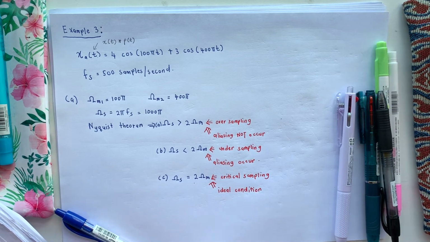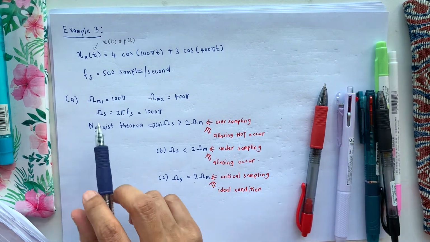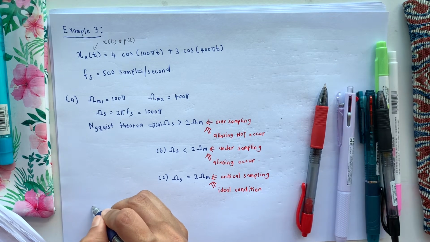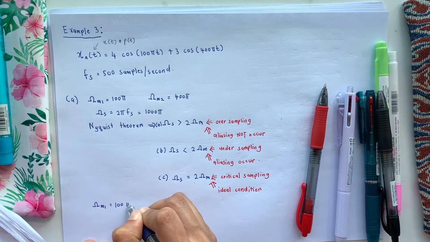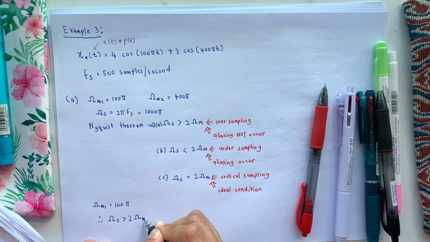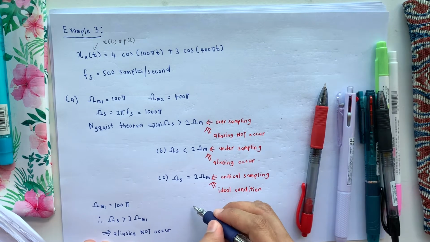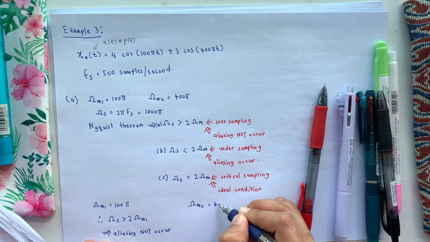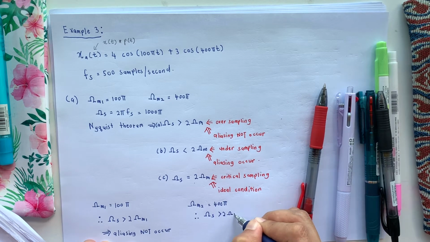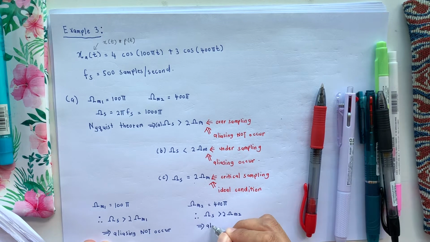To answer question A, you have to check one by one. For the first condition, when ωm1 is equal to 100π, you know that your ωs value is greater than 2ωm1, so aliasing does not occur. For the second condition, ωm2 equal to 400π, your ωs is greater than 2ωm2, so aliasing does not occur.